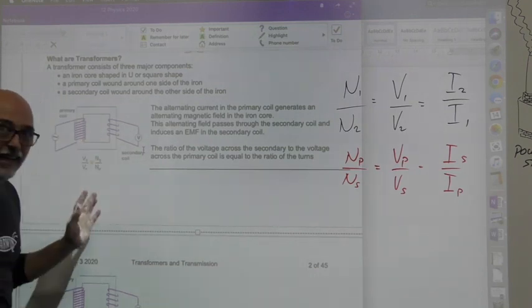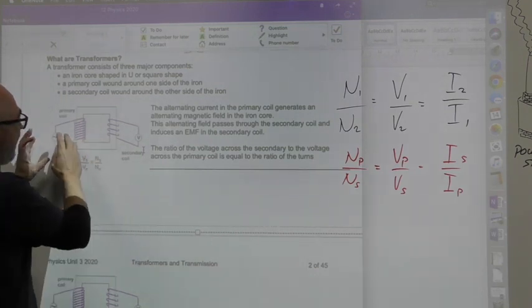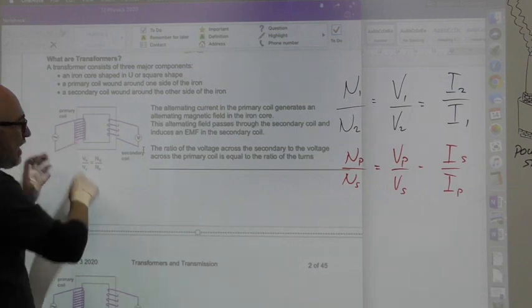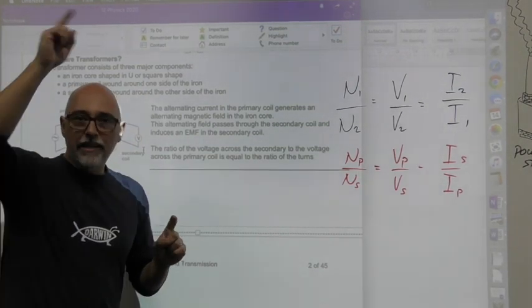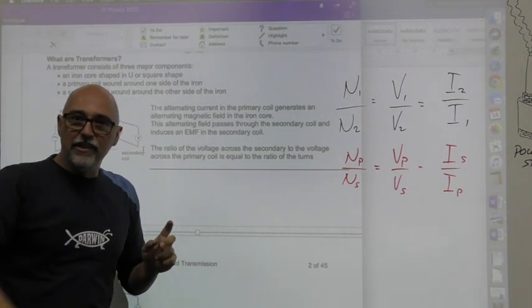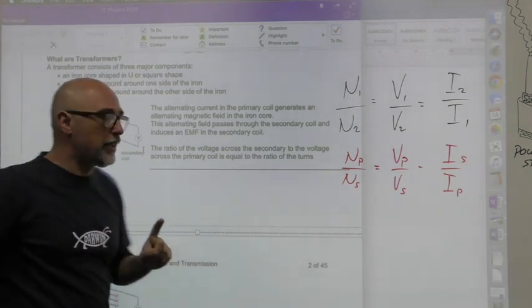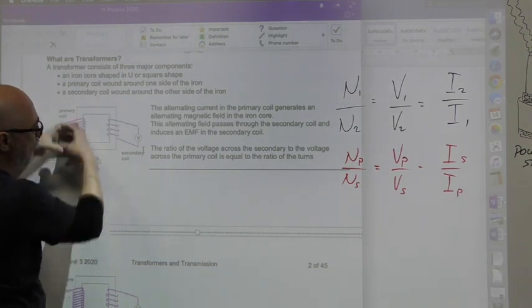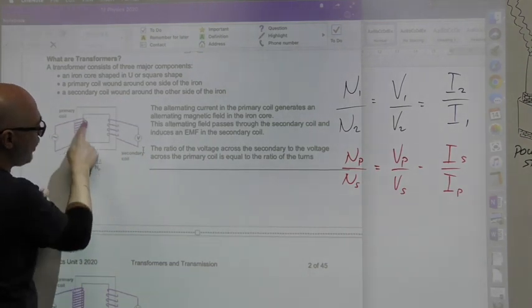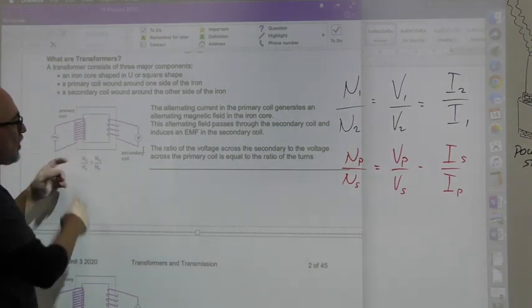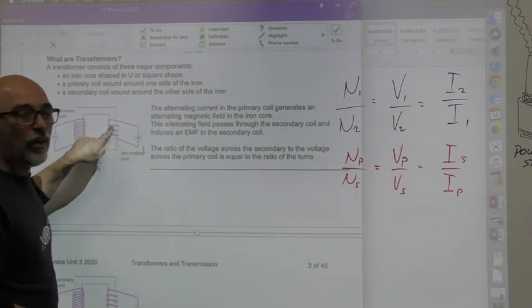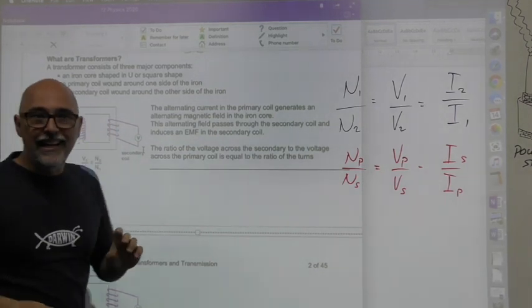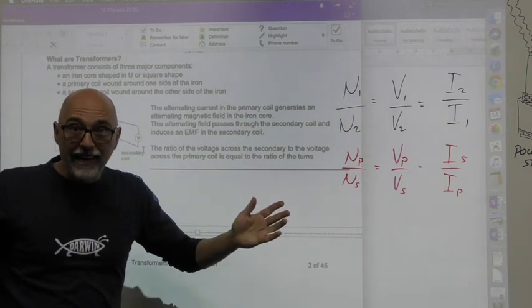That's the key, right? So every time the AC current peaks, goes to zero, peaks the other way, goes to zero, keeps on doing that, you end up with a pulse of magnetic field emanating from these turns. That pulse engulfs the turns of wire on the other side. And it is as simple as that.